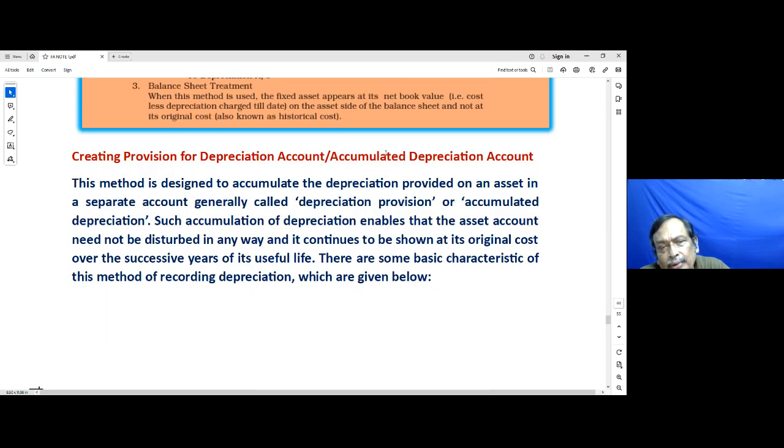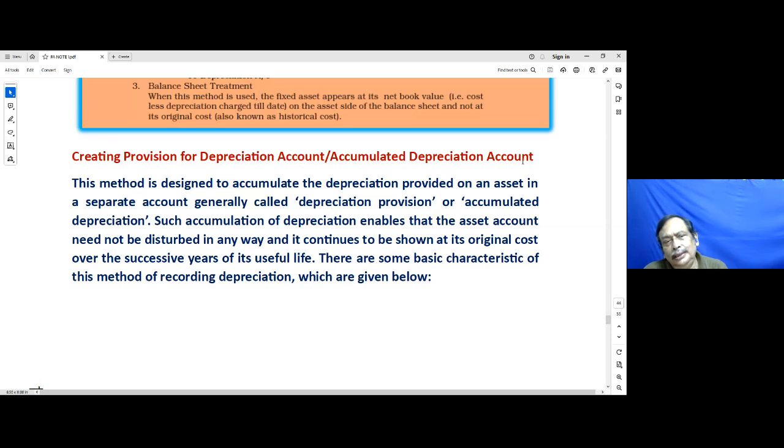Next method, creating provision for depreciation account or accumulated depreciation account. Accumulated depreciation account means, say we are recording for the 5th year, then first year depreciation plus second year depreciation plus third year depreciation plus 4th year depreciation plus 5th year depreciation. All depreciation we add, it becomes accumulated depreciation.